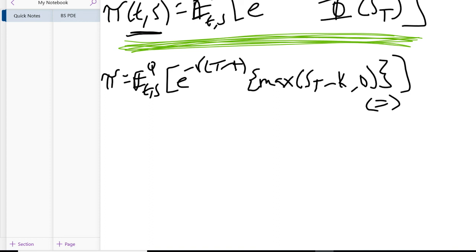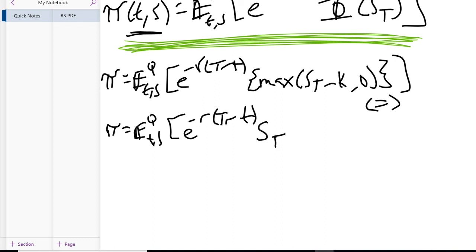I am using an indicator function, so I'm going to say that pi can be said to be equal to the negative r t minus t times st, the terminal stock price, times chi. So that is a chi symbol.